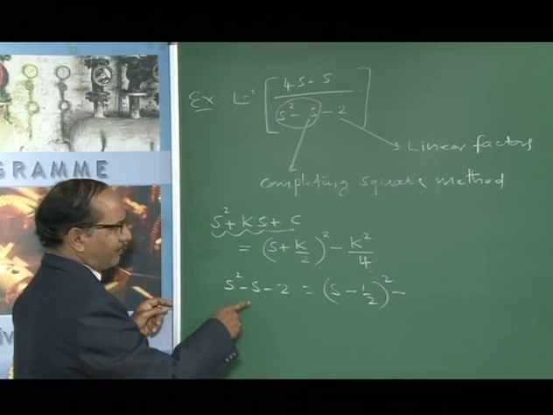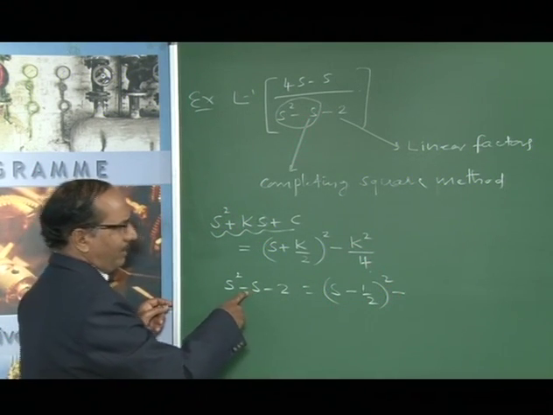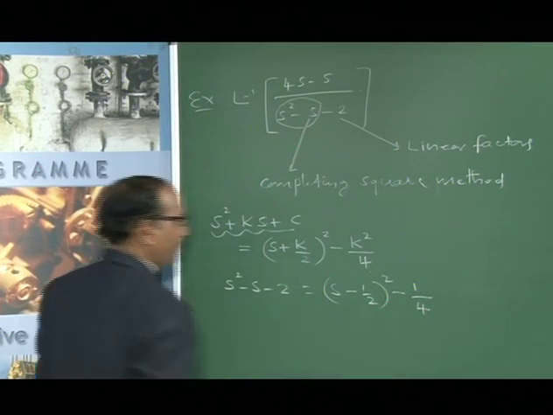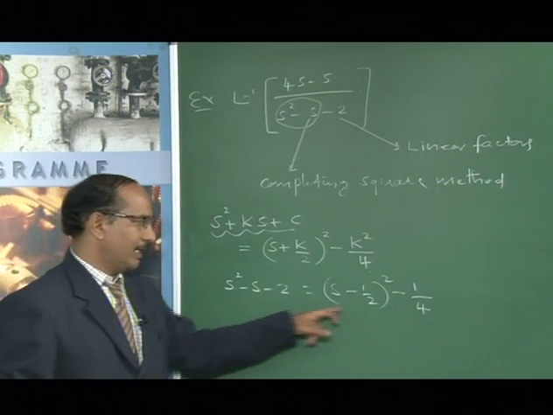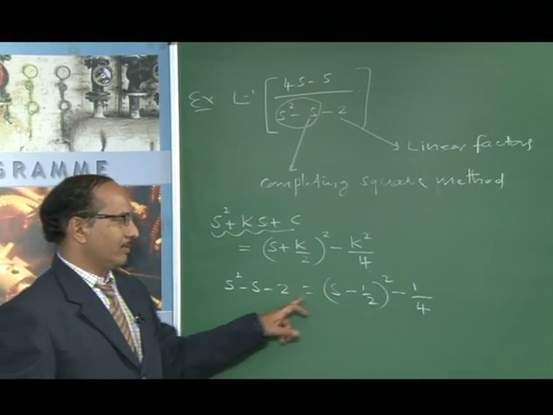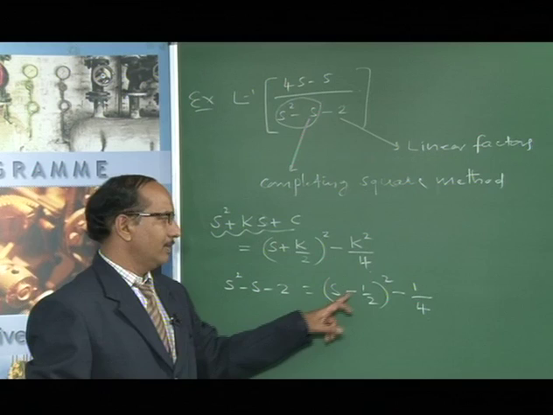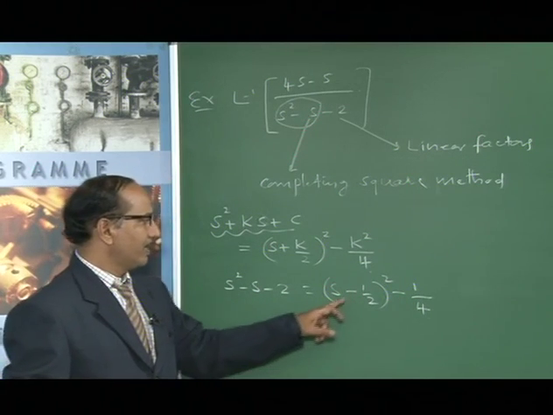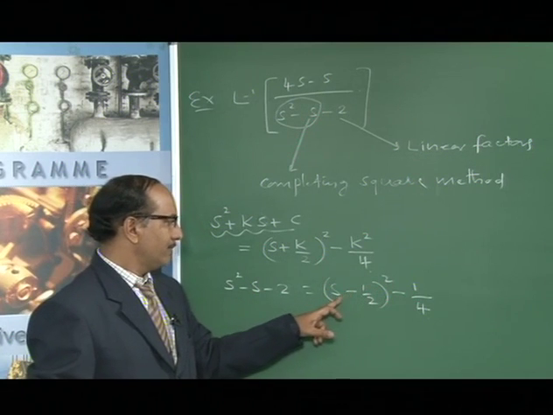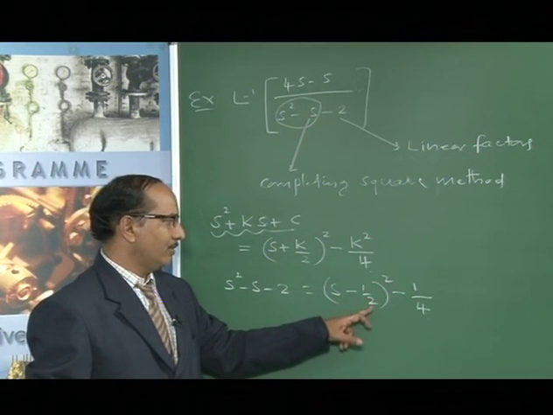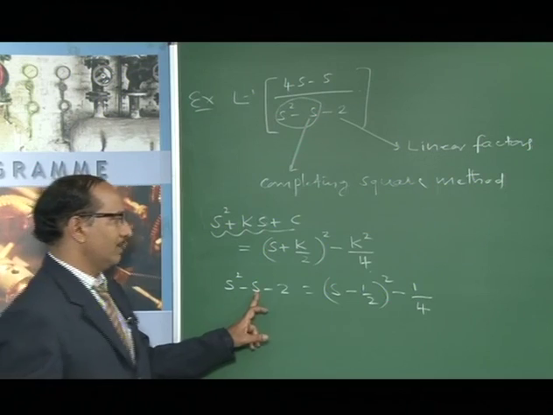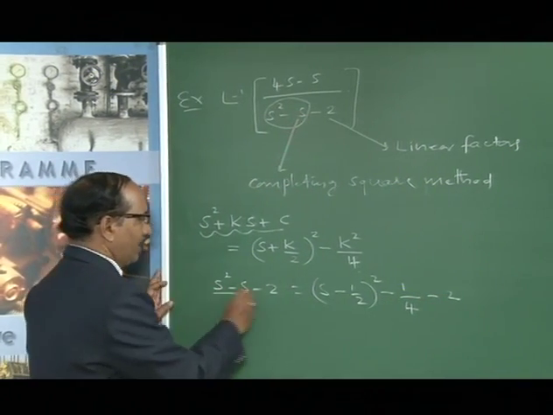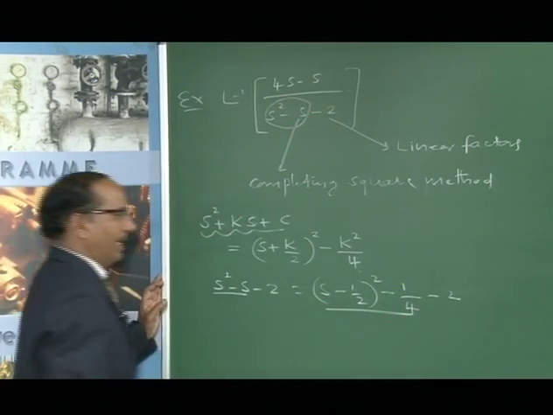K is minus 1 here, so k square means 1 divided by 4. If we simplify this, we get exactly s square minus s minus 2 again. Squaring this, s square plus 1 by 4, minus 1 by 4 cancels. Then 2 times s into minus 1 by 2 is minus s. This minus 2 stays as it is. For these two terms, this is added here.